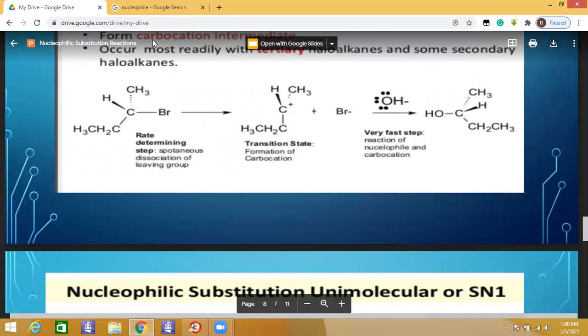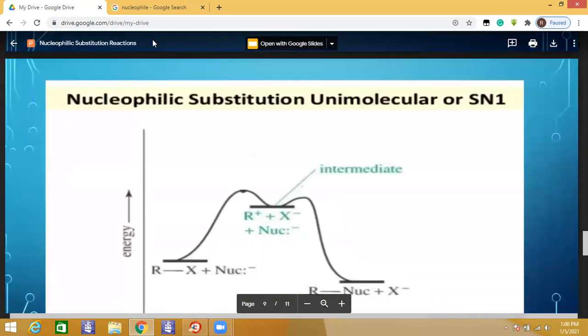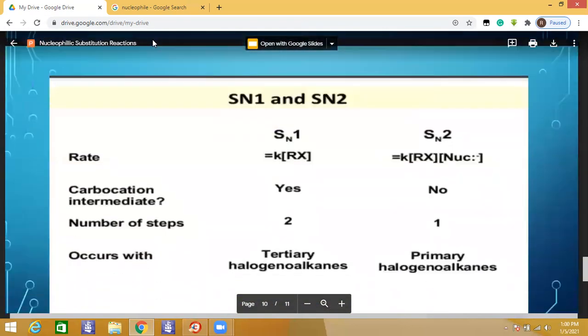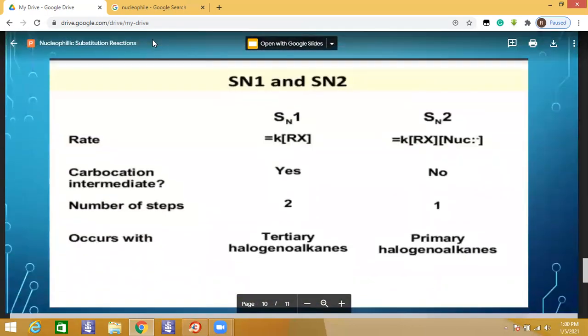Mostly methyl halides, meaning the primary alkyl halides, react more rapidly in SN2, as they do not hinder the approaching nucleophile, whereas in tertiary alkyl halides, due to the presence of alkyl groups, it hinders, so tertiary alkyl halides go through SN1.